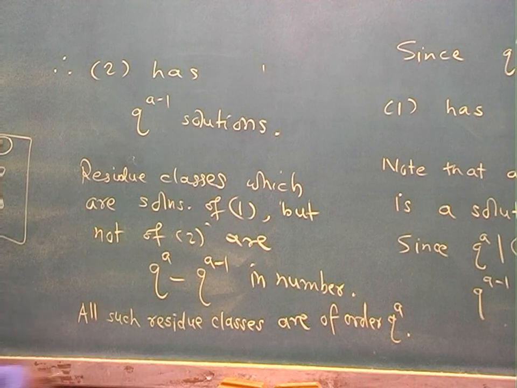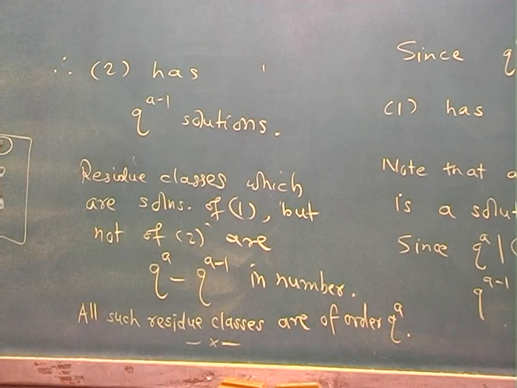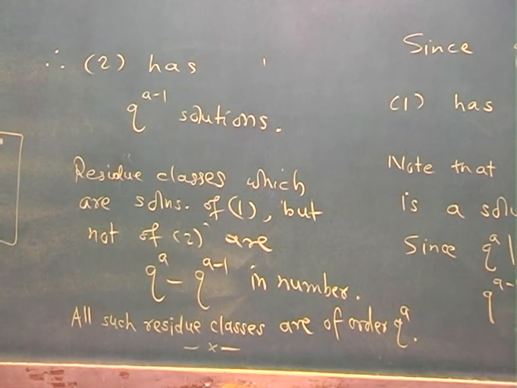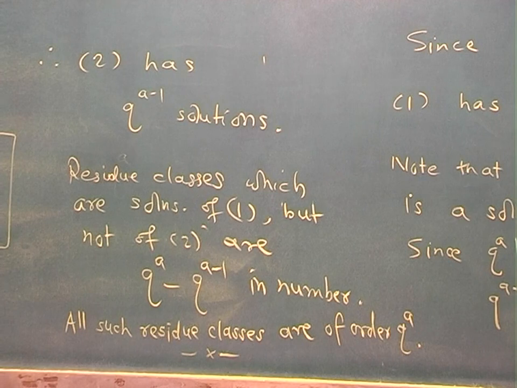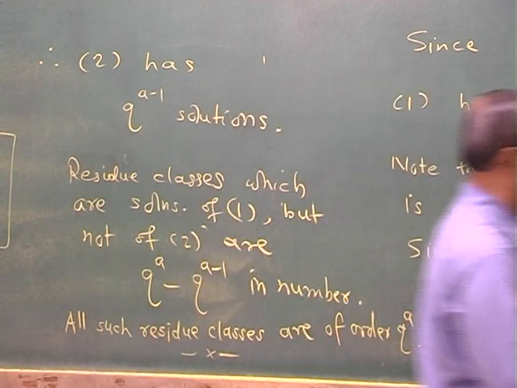So the number of residue classes of order q raised to a is q raised to a minus q raised to a minus 1 in the case when q raised to a divides p minus 1. So if q raised to a divides p minus 1, there is at least one element of order q raised to a, and in fact these many elements are of order q raised to a, and this is what we shall use to show that primitive roots exist mod p.